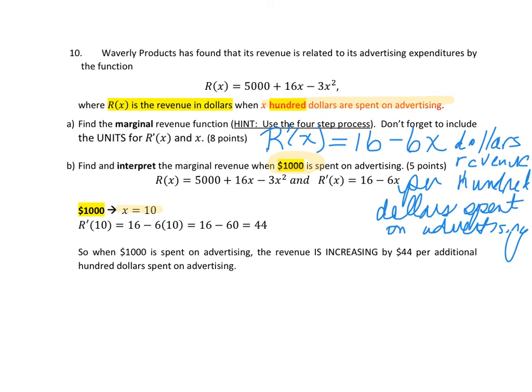And then r prime of 10 is 16 minus 6 times 10, which is 16 minus 60, which is negative $44, because revenue is in dollars. x is in $100. So when $1,000 is spent on advertising, the revenue is changing by negative $44 per additional $100 spent on advertising. And hopefully that will clear that issue up for you.